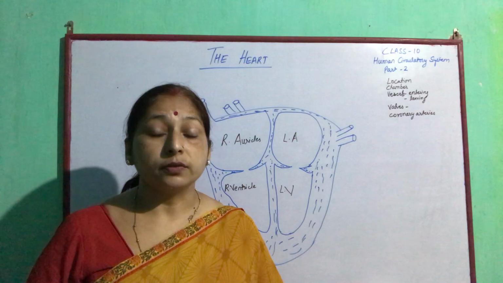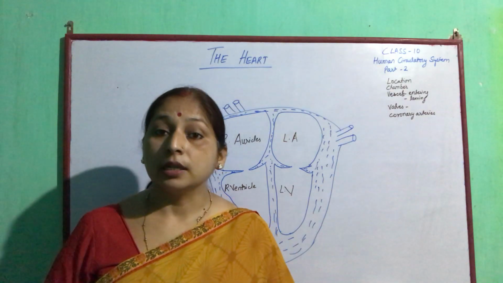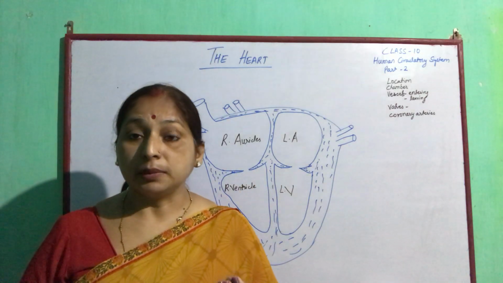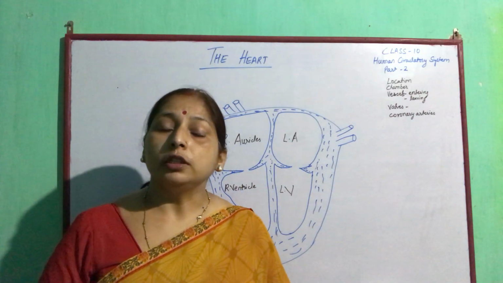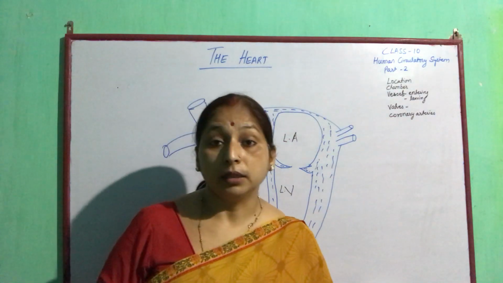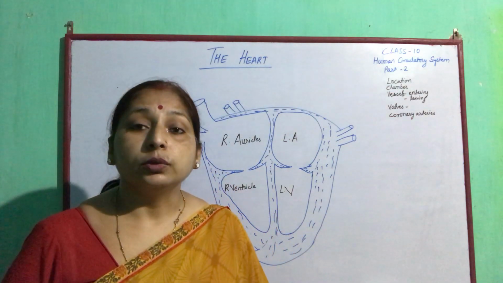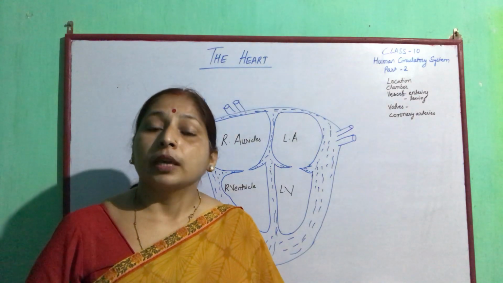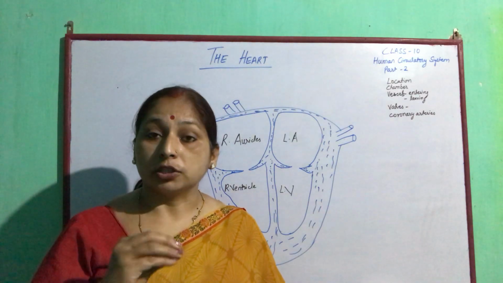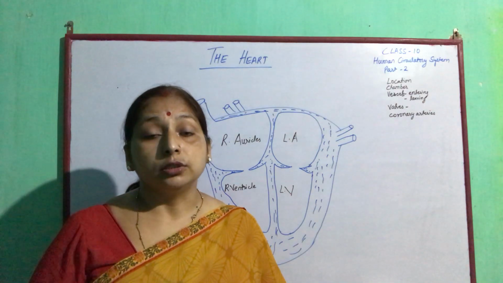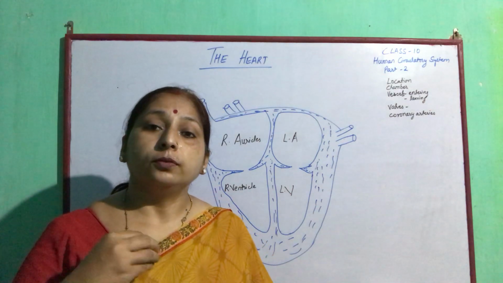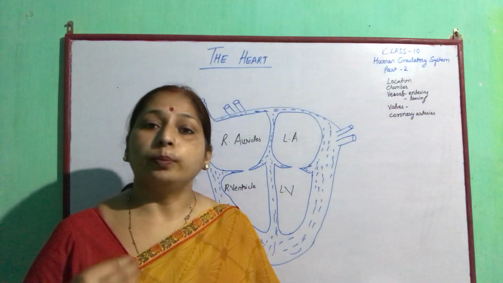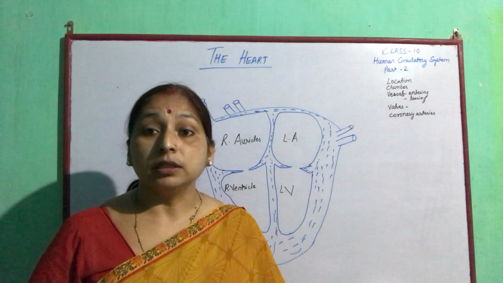In today's class we'll discuss coronary arteries, the role of coronary arteries, and the exact muscular arrangements in the heart for the pumping function. And as you know, the heart is a pumping organ, so we'll study the structural details, to show why these structures exist and how they help the heart to perform its function.